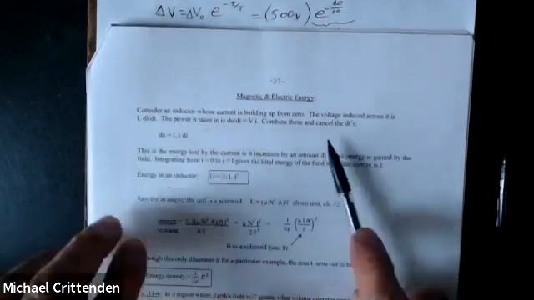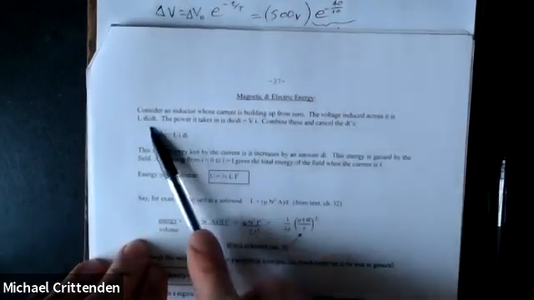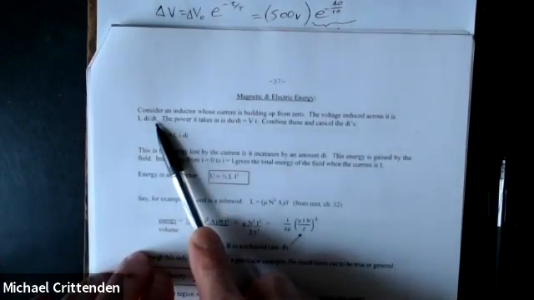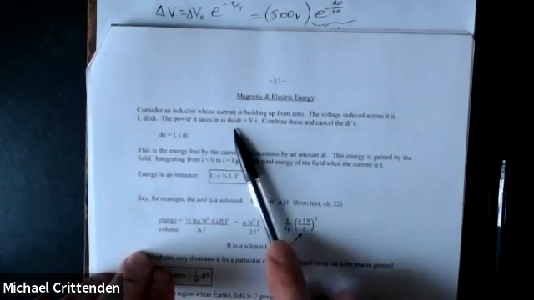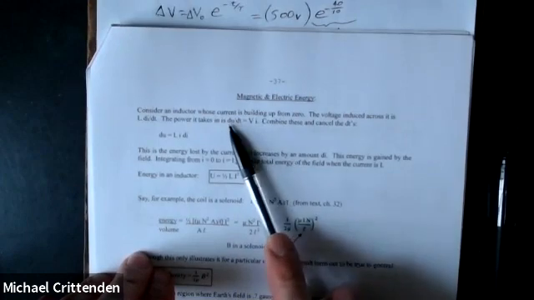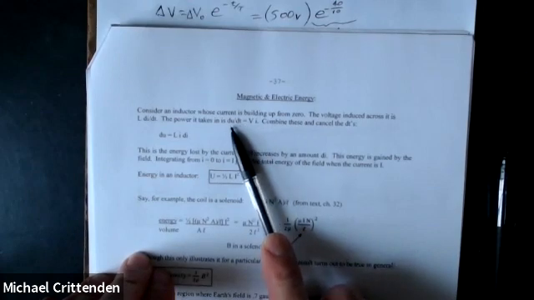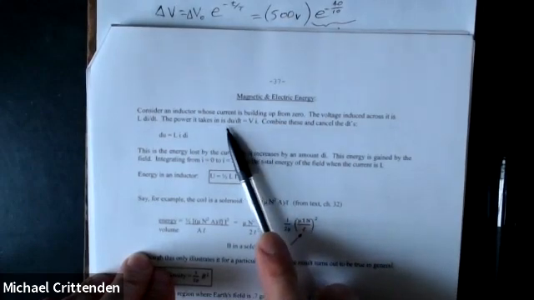Well, the voltage induced across the coil is L dI/dt. We've thrown that equation around several times by now. Power. Power means energy per unit time. So going with just an infinitesimal amount of time where an infinitesimal amount of energy gets added, energy per unit time is power.